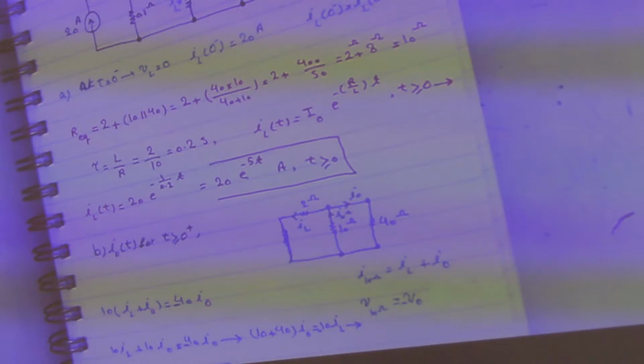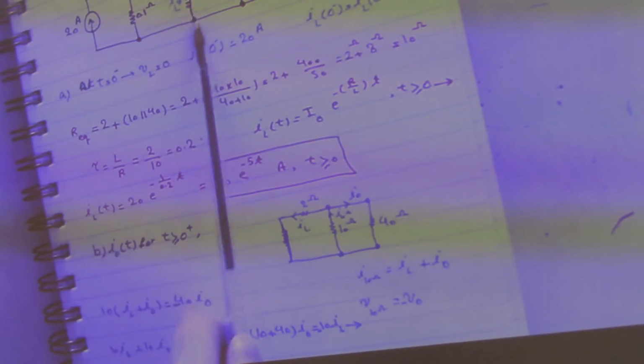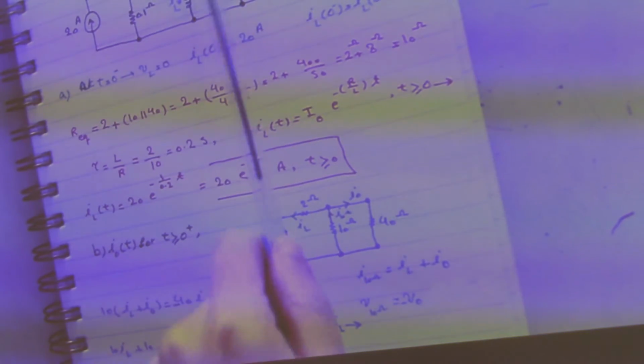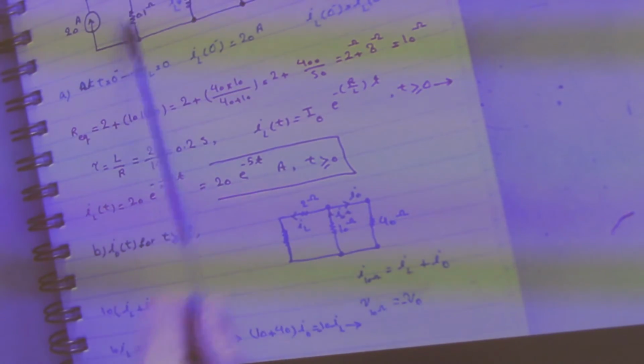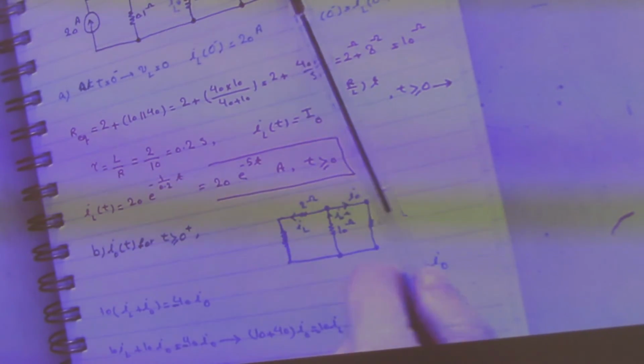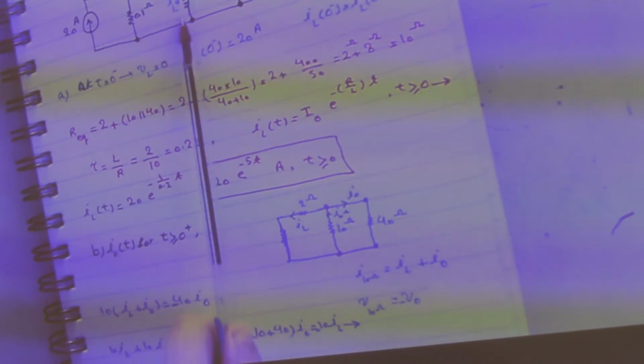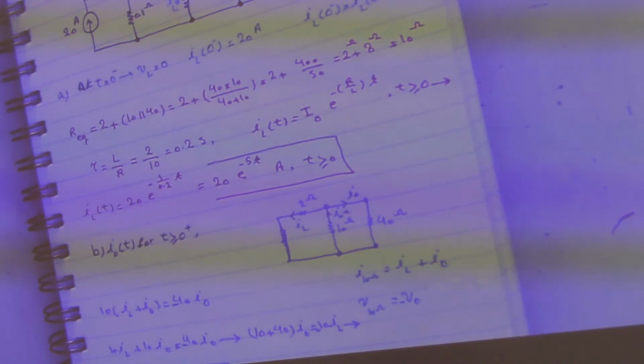When we have a short circuit here, all the current goes through it, so there is no current through the resistors here. So we have a circuit like this. How much is the current going through the inductor after a long time? 20 amps. Why?